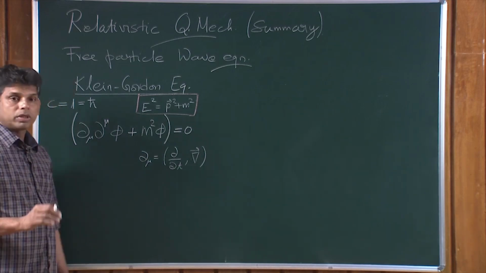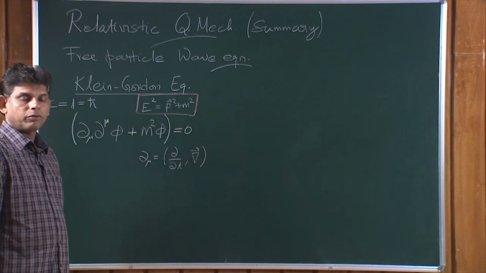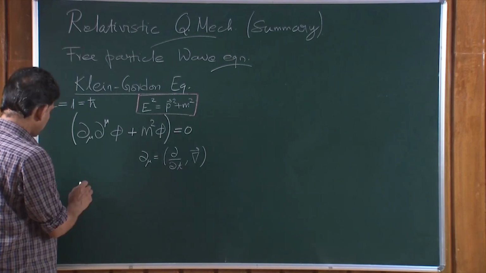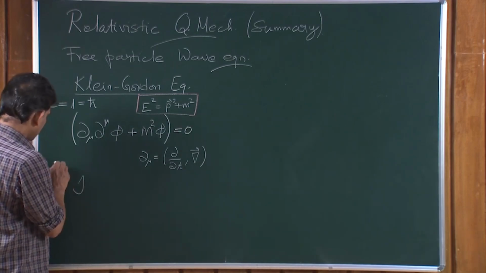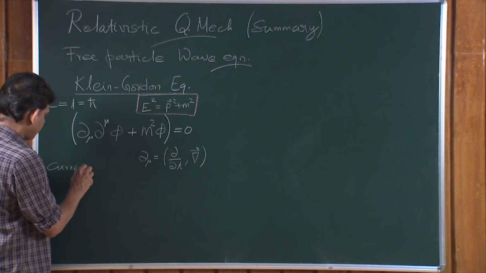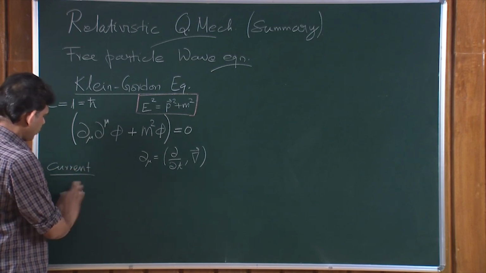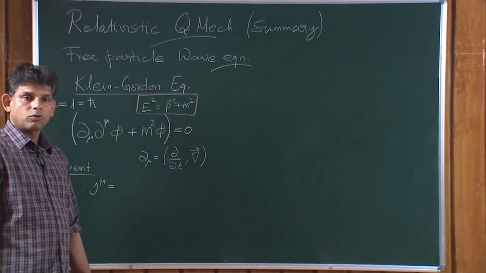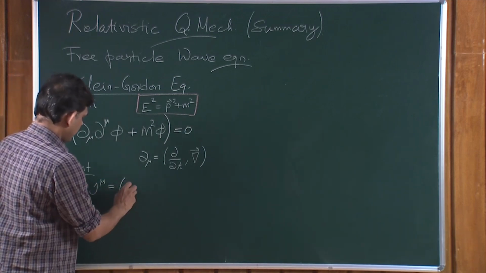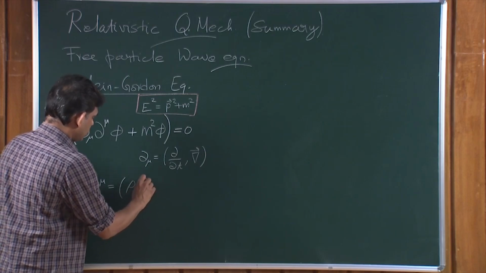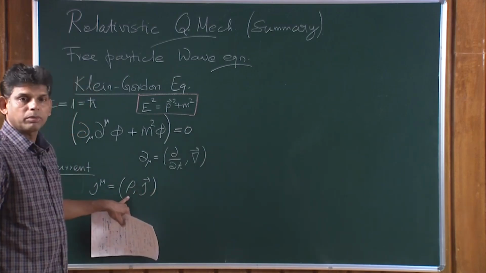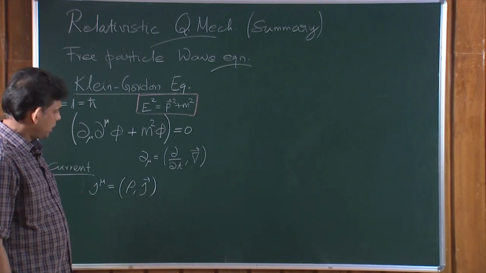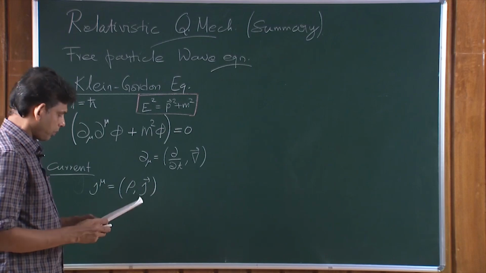Now, when we talk about this equation and a free particle, we can also talk about the motion of the free particle, or the current associated with this. So, current J mu, again we will use the 4 vector notation. The 0th component is represented by rho and 3 components clubbed in the 3 vector j.